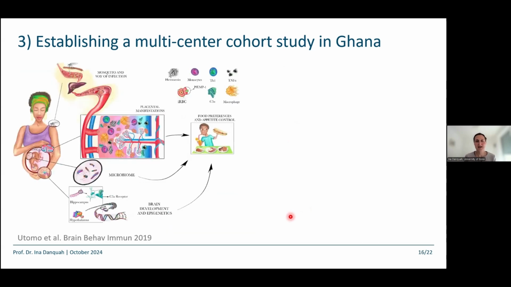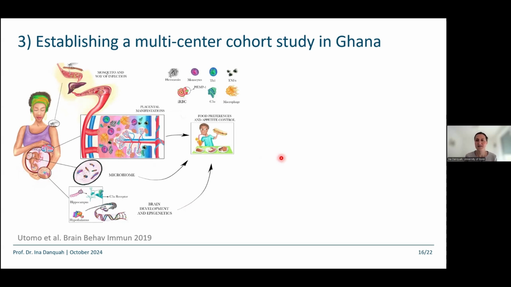So the idea behind this is that we want to follow the Barker and Hales hypothesis, which states that intrauterine environments can determine your dietary practices, but also other conditions such as diabetes, hypertension, and cardiovascular disease. Now, this is not something very novel when you think about undernutrition.